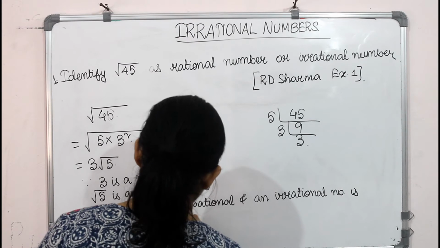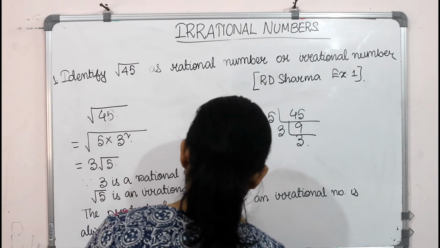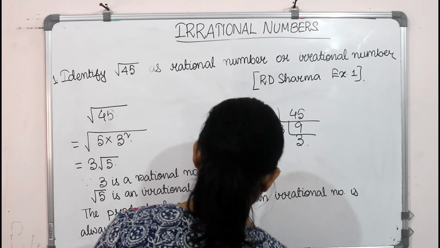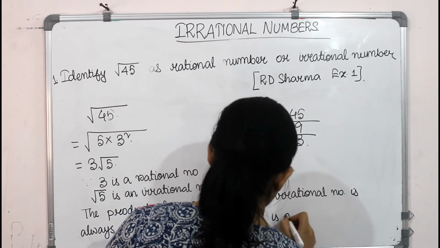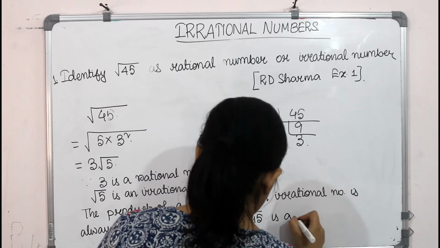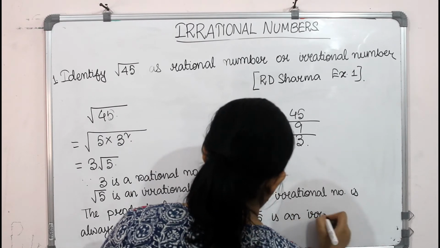So therefore root 45 is an irrational number.